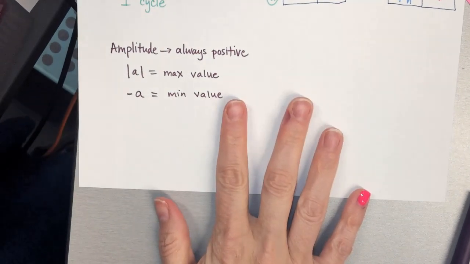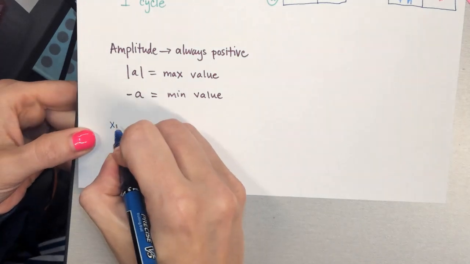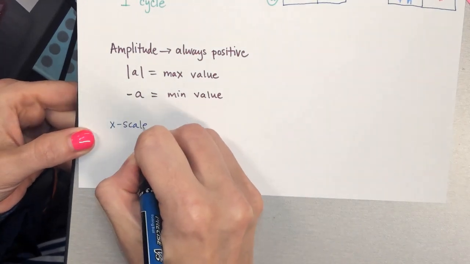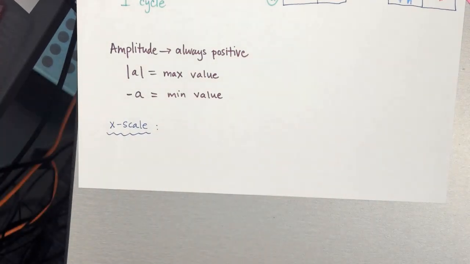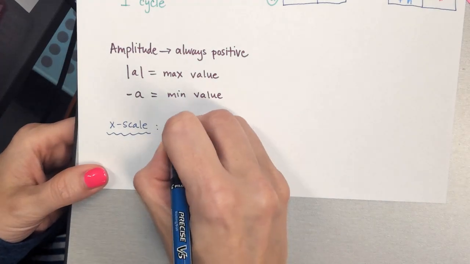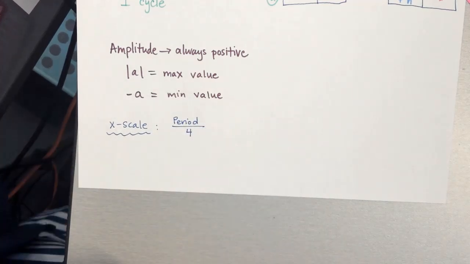Once you make your tables, the other part sometimes that people get confused about is the X scale. Do you guys remember that there's two things I told you that you could use for your X scale? If there's not a phase shift, what do you do? Yep. So for your X scale, if there's no phase shift, you can just take the period and divide by 4.